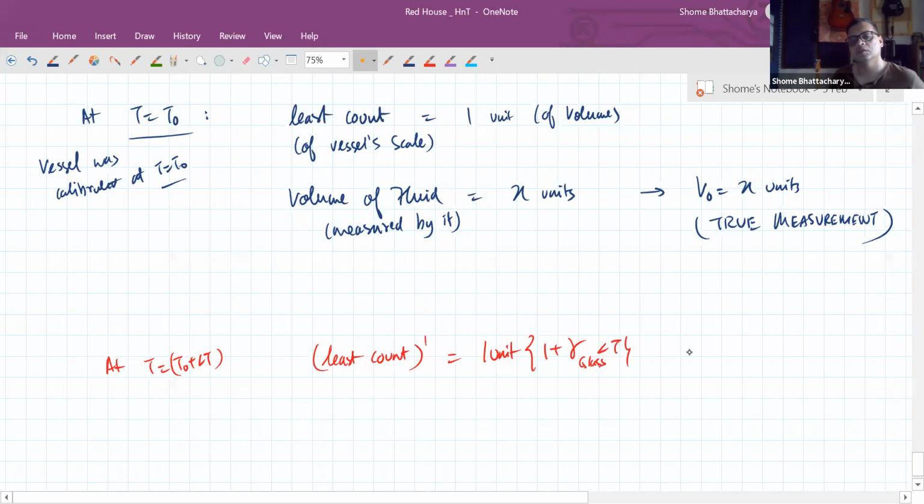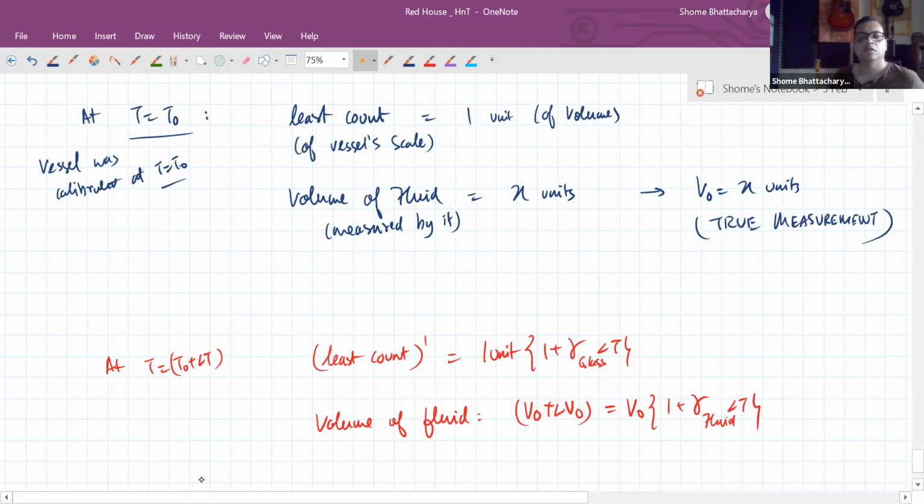Whereas the actual volume of fluid has become V naught plus delta V naught, that is V naught into gamma of the fluid into delta T. Now at this temperature, what is V prime?